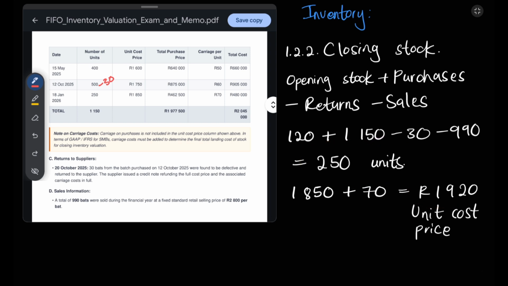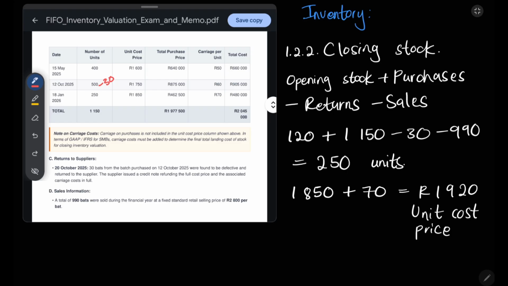When we count our stock, we use our inventory systems. We use the perpetual and we use the periodic. The perpetual meaning we continuously or consistently count every time something is sold and bought. In terms of the periodic, we only do it once in a while, maybe at a later stage at the end of our financial year.